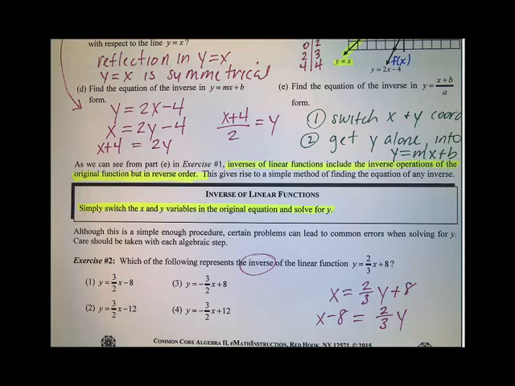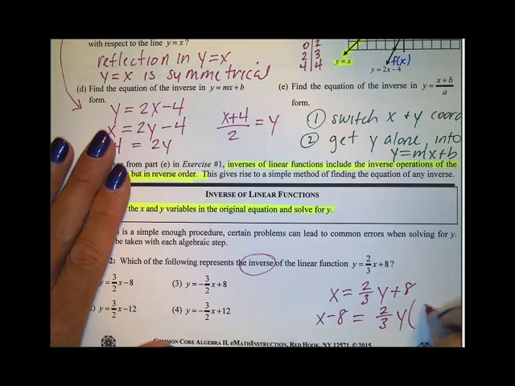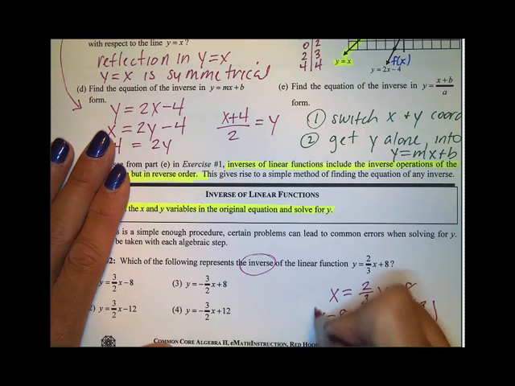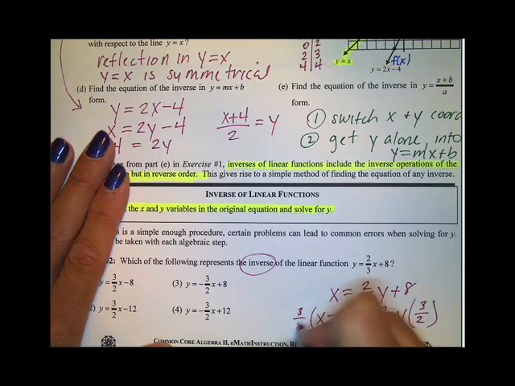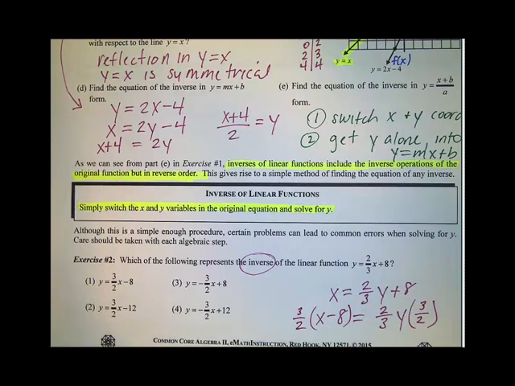We could divide by 2/3, but that gets tricky as we get into advanced math. There's a better way to undo that fraction, and that's to multiply by the reciprocal. So we're going to multiply by 3/2, and we have to do the same thing on the other side, multiply by 3/2. So what does y equal?